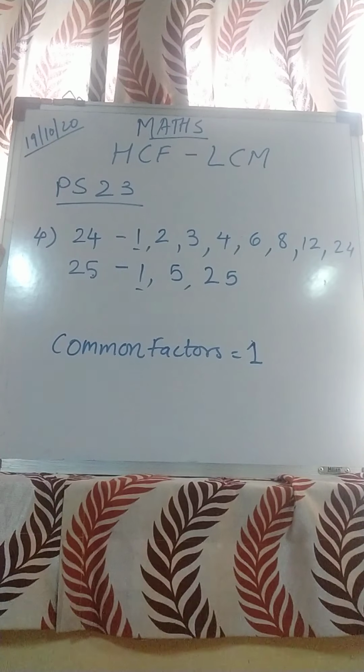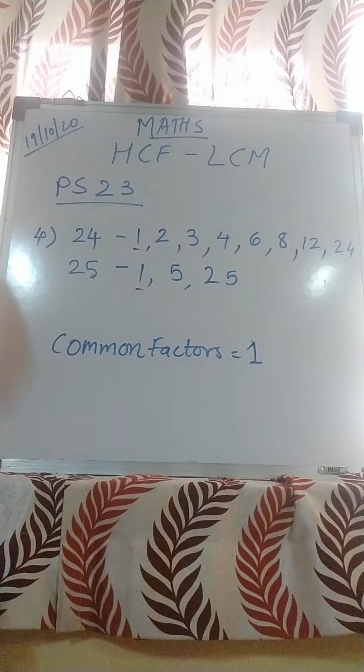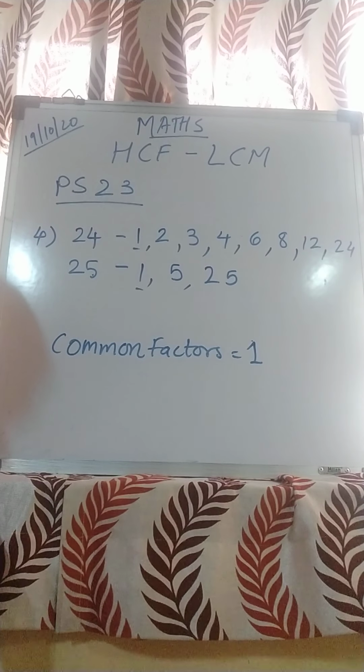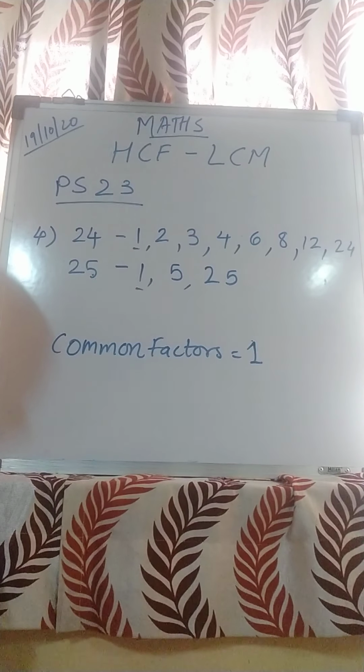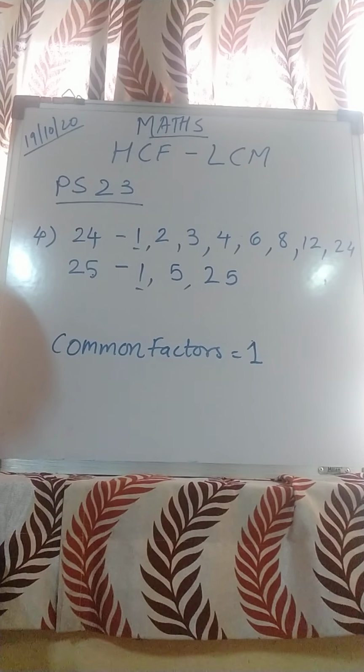So the common factor is 1. Understand? Now when we are removing common factors, the highest number which divides both the numbers is called the HCF, highest common factor. So that type of sum we have to solve.